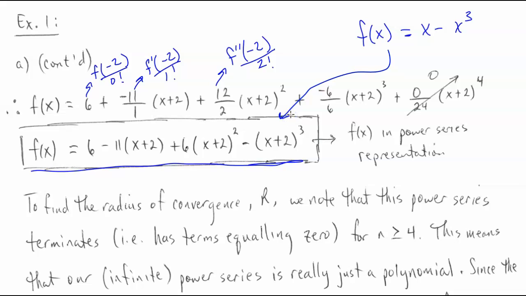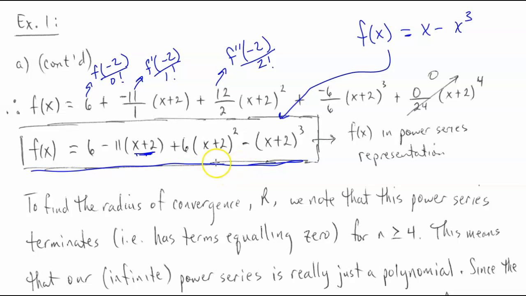And notice that the difference is that everything is centered about a equals -2, or put another way, all of our terms have x plus 2 raised to some power in them. When we say it's centered about a equals -2, that's essentially what we mean. We want to write it so that all the terms are x plus or minus some number raised to a power.